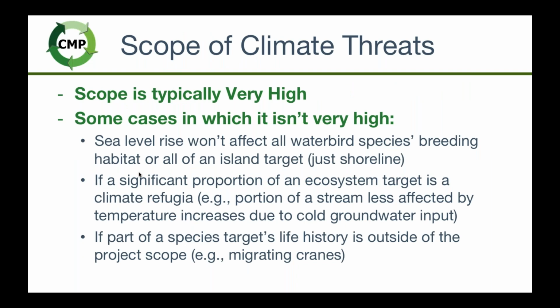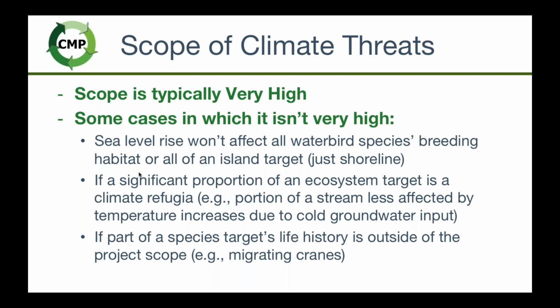So in the case of climate threats, some where the scope would not always be very high include: sea level rise will not affect all waterbird species breeding habitat or all of an island conservation target, just the shoreline.